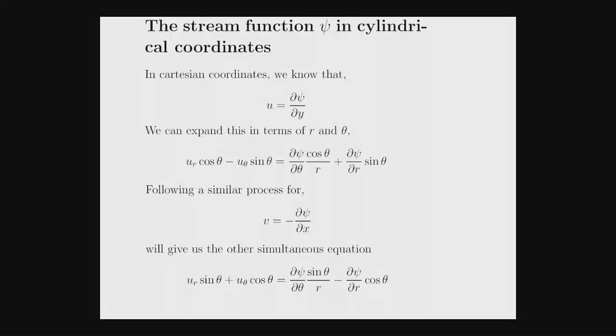Now if I compare the cosine terms, and if I compare the sine terms, can you all see what my stream function looks like? Del psi del r and del psi del theta. Right, you can see it, right?